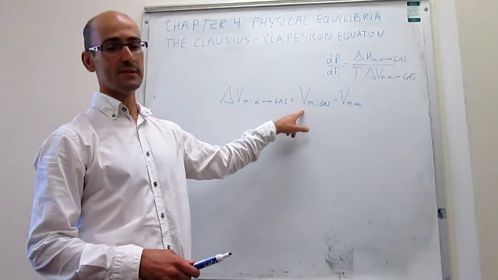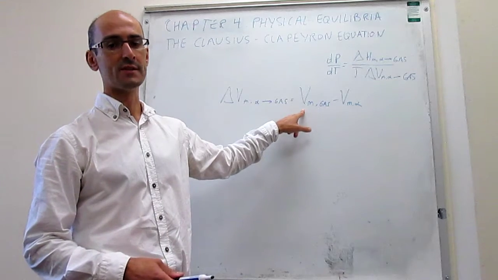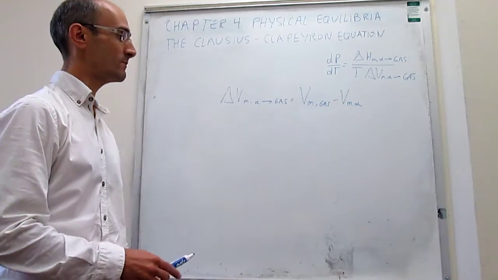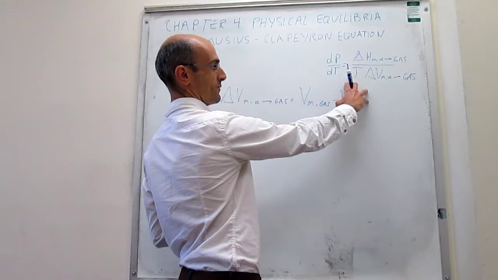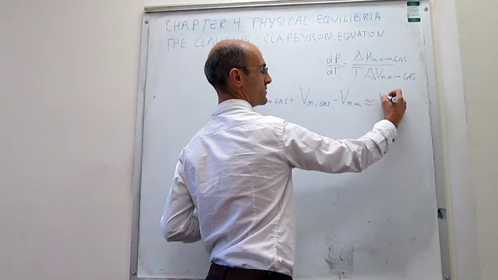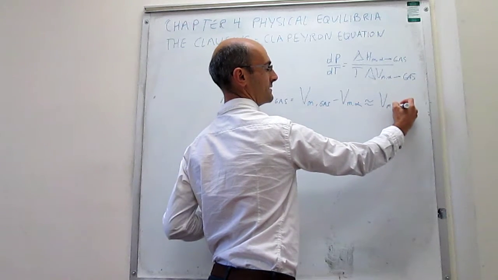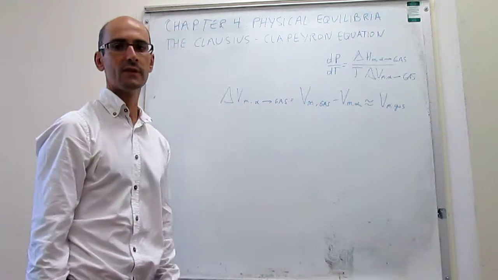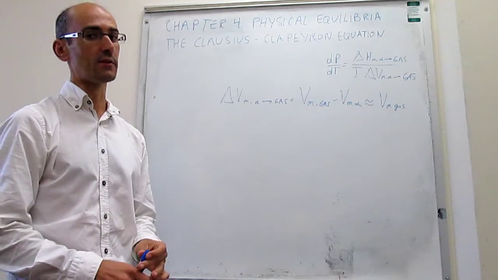Because this number, again for water and for other substances, is much greater than that, a good approximation is to actually neglect this molar volume with respect to the molar volume of the gas. So we're going to say that this is equal to the molar volume of the gas. That is one simplification that makes things a little easier.